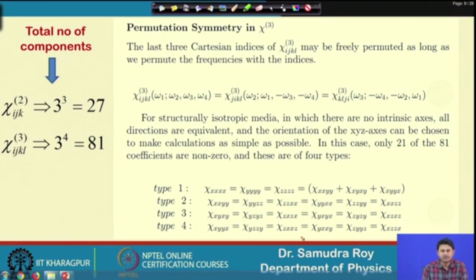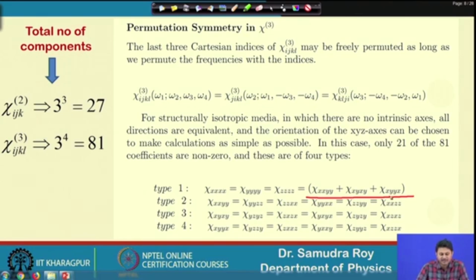So eventually we will have these 4 different components, and again we have one equation in our hand, so that we can have only 3 components that are different. So among 81 components we have only 3 components that are different.